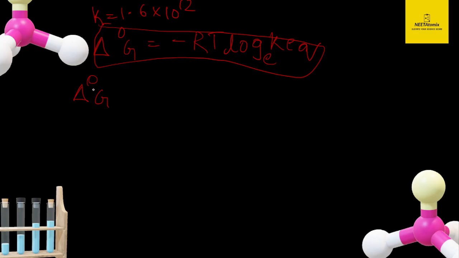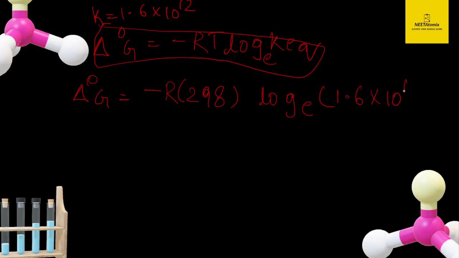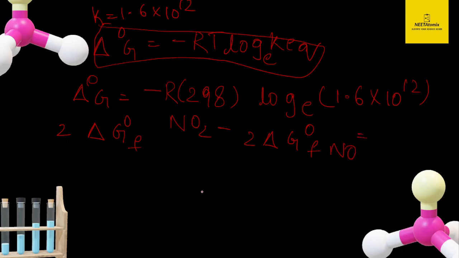Then delta G naught is equal to minus R, and the temperature is given as 298 Kelvin, log to the base e 1.6 into 10 power 12.